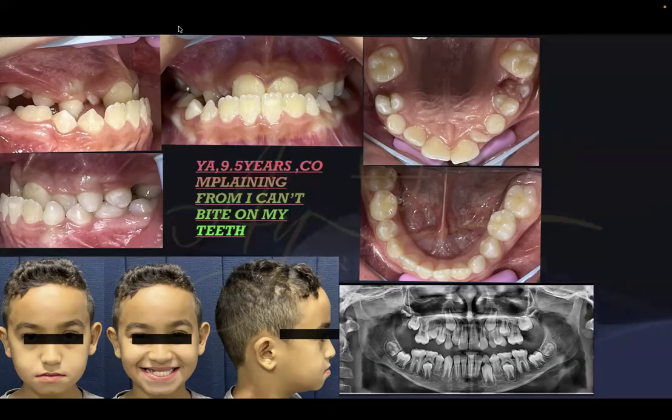The angle in class 1 is between 5 to 15 degrees. In class 2, it will be more than 15 degrees, and in class 3, it will be less than 5 degrees. The negative values are suggestive of a prognathic mandible, and the positive values are suggestive of a prominent maxilla.